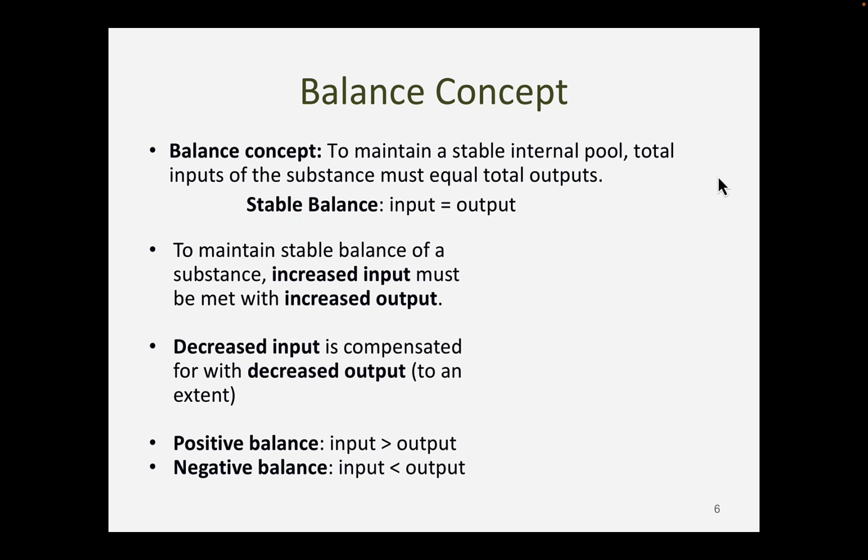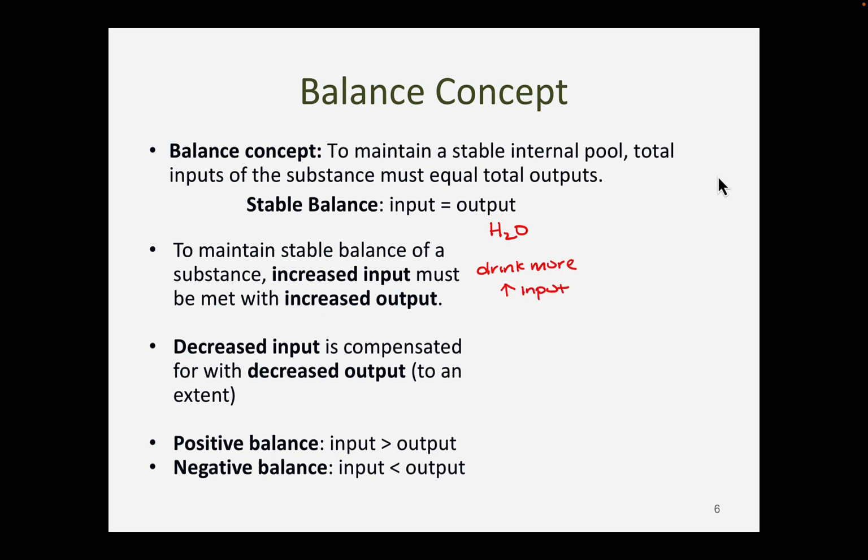Now, to maintain this stable balance, if I increase my input, I have to increase output. So for example, if we think of something like our fluid intake or water intake, let's say I drink more, so I increase my input.